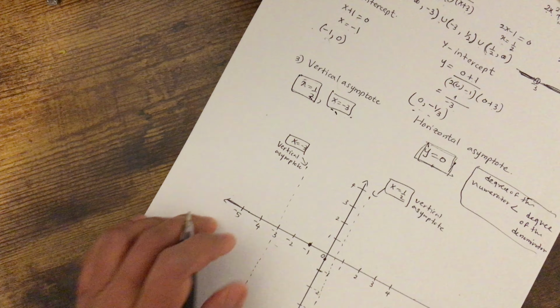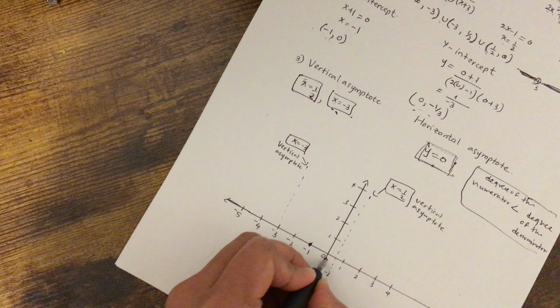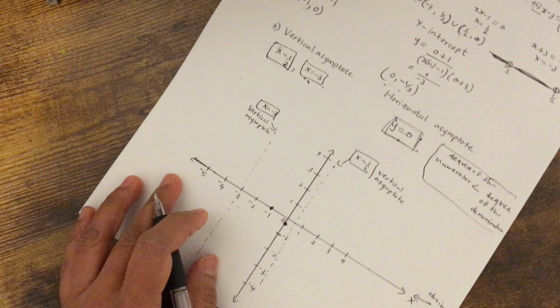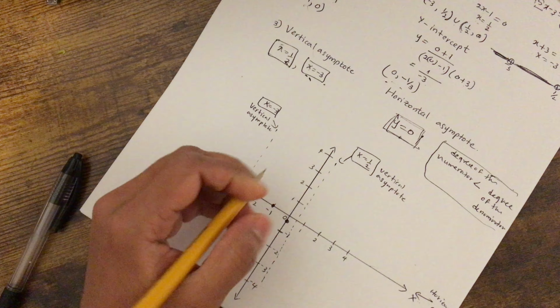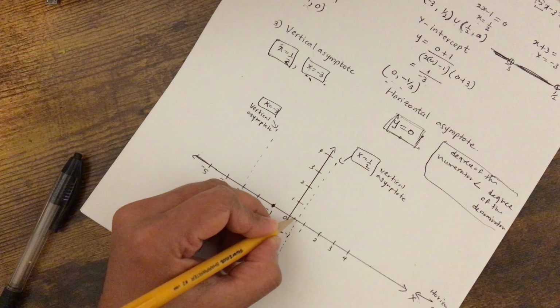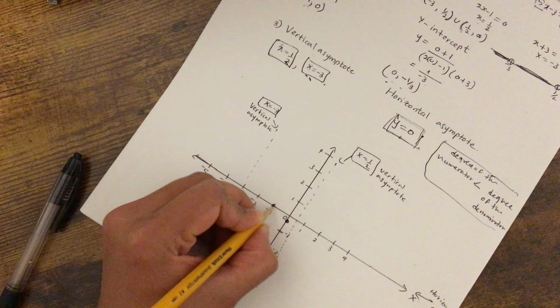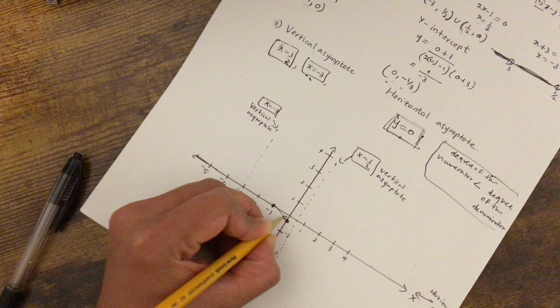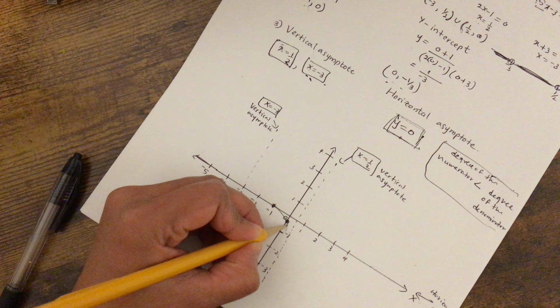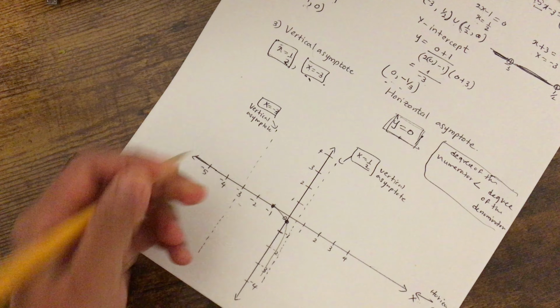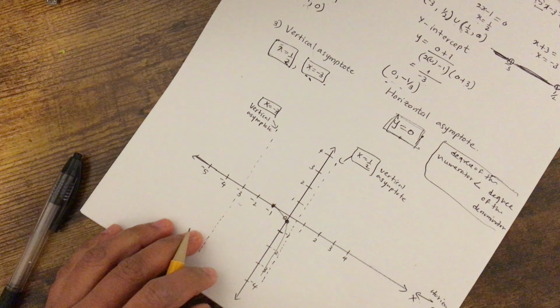Okay, so now you can graph, but sometimes we need other points to look at the shape of this graph. So x equals half is a vertical asymptote. You know this graph is like this, right? So if the shape is like this, then it goes down to negative infinity, right?